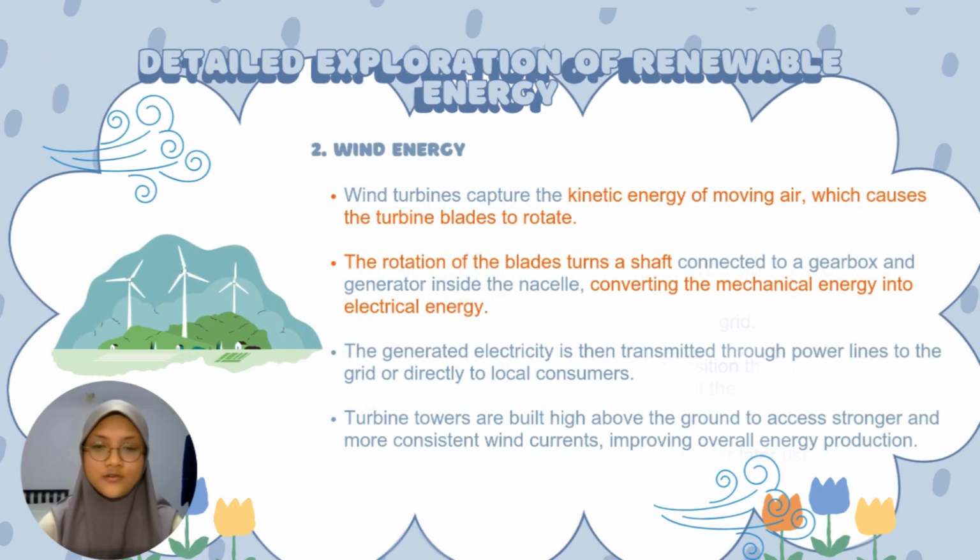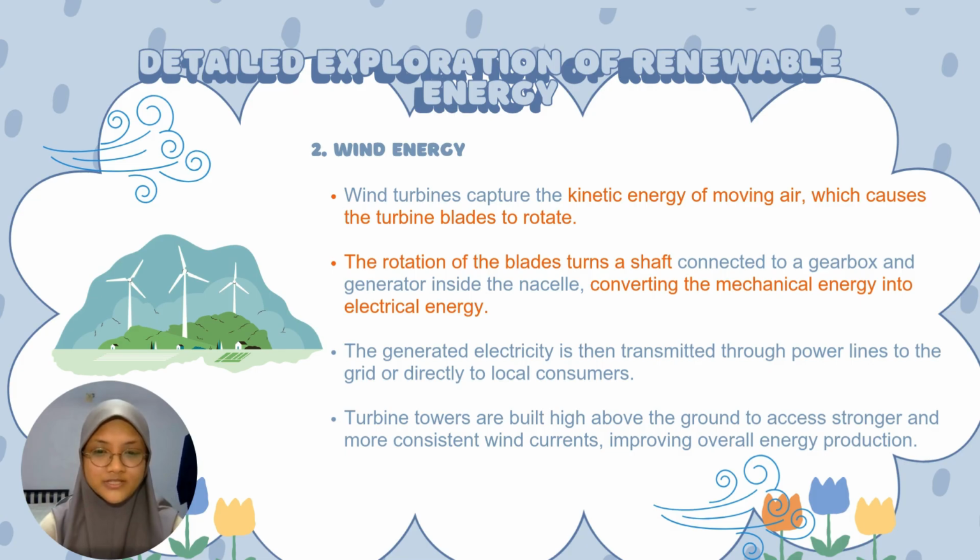For wind energy, wind turbines capture the kinetic energy of moving air, which causes the turbine blades to rotate. The rotation of the blades turns a shaft connected to a gearbox and generator, converting the mechanical energy into electrical energy.